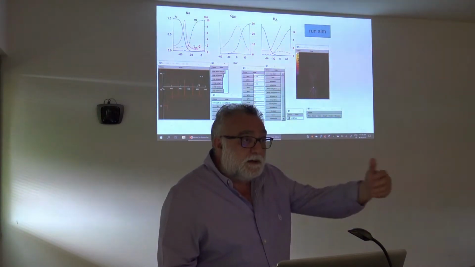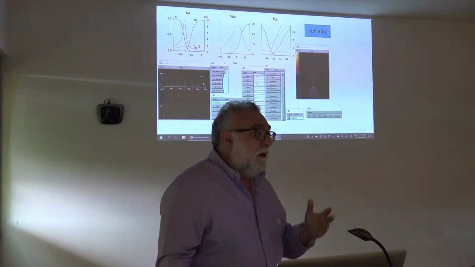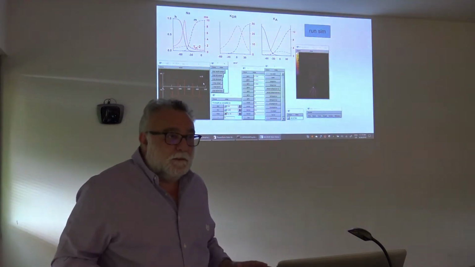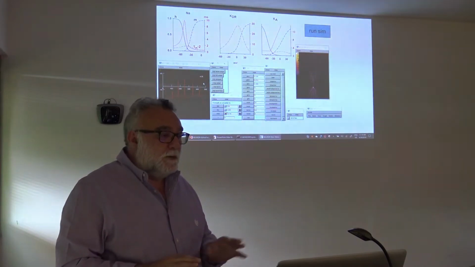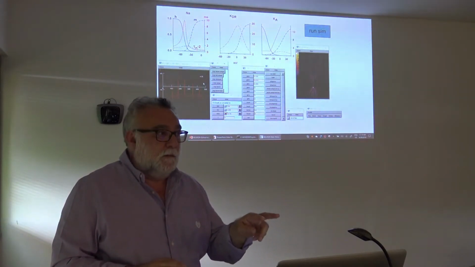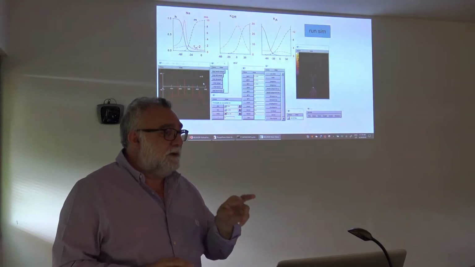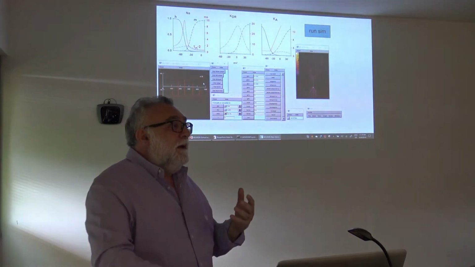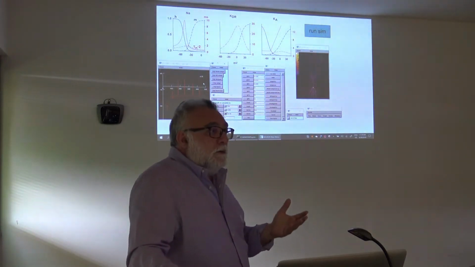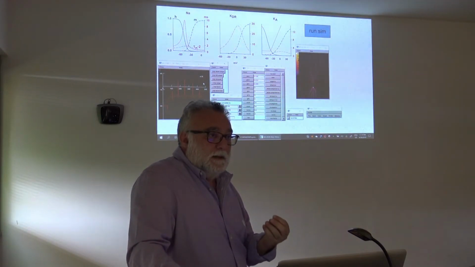Okay, it is going to increase for adaptation. Again, there is no way that you can get this kind of behavior using only these three channels, because none of these three channels has the right kinetic property to show the adaptation.